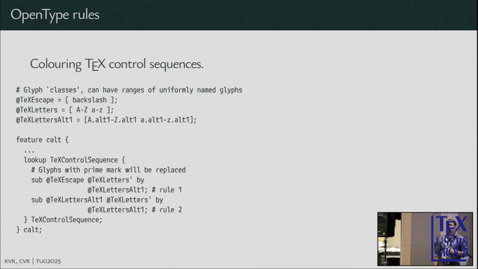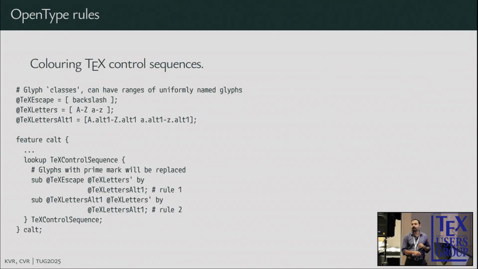Now the juicy part. So how do we actually implement the OpenType rules? You can define glyph classes, so you don't have to list every glyph, and it even takes ranges. So A to Z uppercase and A to Z lowercase. If your alternative glyphs follow a similar naming convention, then that makes it easier.